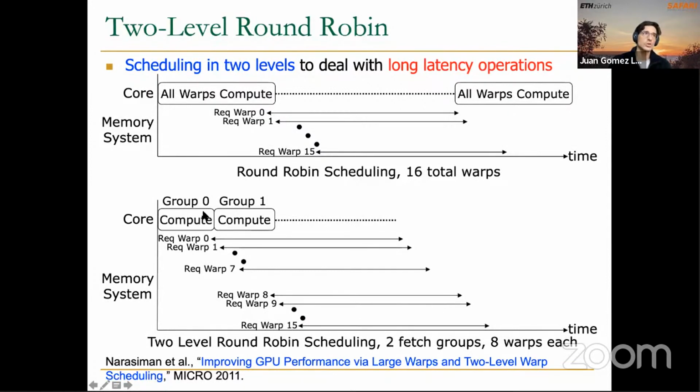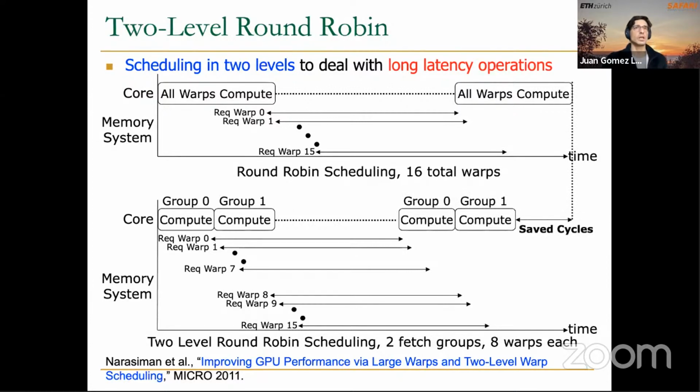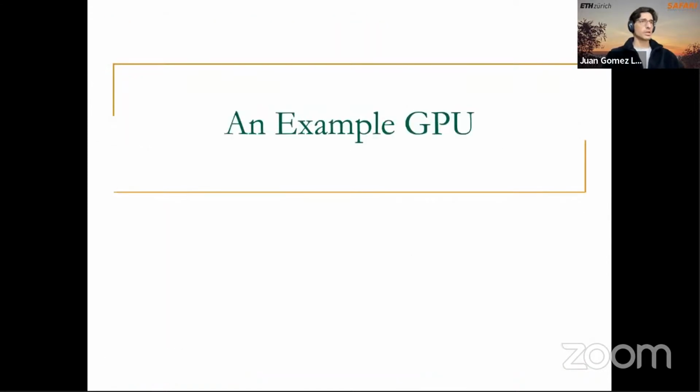So first execute the compute instructions for the 16, and then start requesting accesses to the main memory, the global memory, while at the same time we are still hiding some of this latency thanks to the fact that we are now scheduling other threads. And here you see how many cycles can be saved.